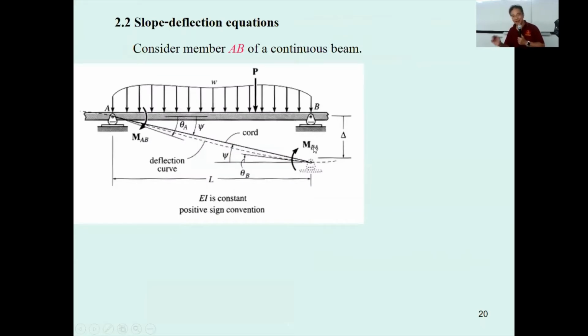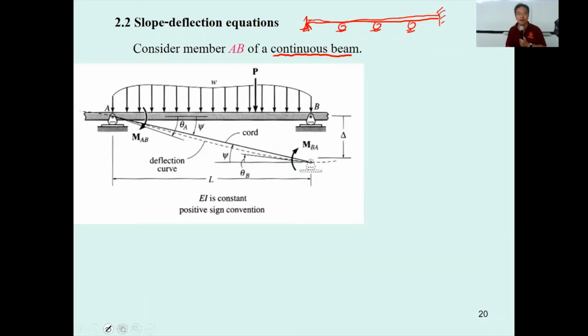Now, come to the slope deflection. By the slope deflection, we consider the continuous beam. That means the beam that has a lot of supports. Then you just select a portion of the beam.